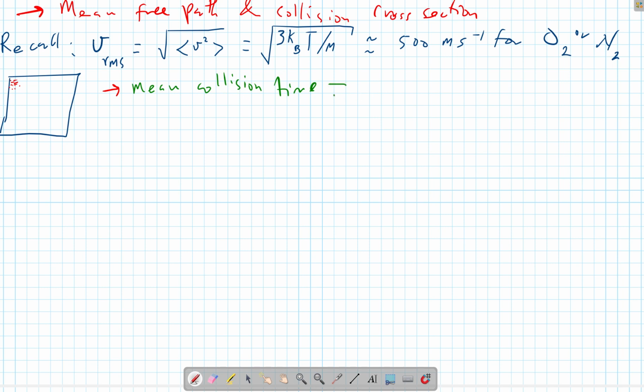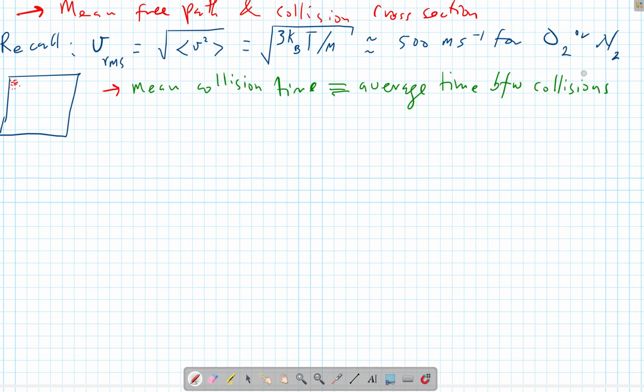And this is the average time between collisions. Okay.